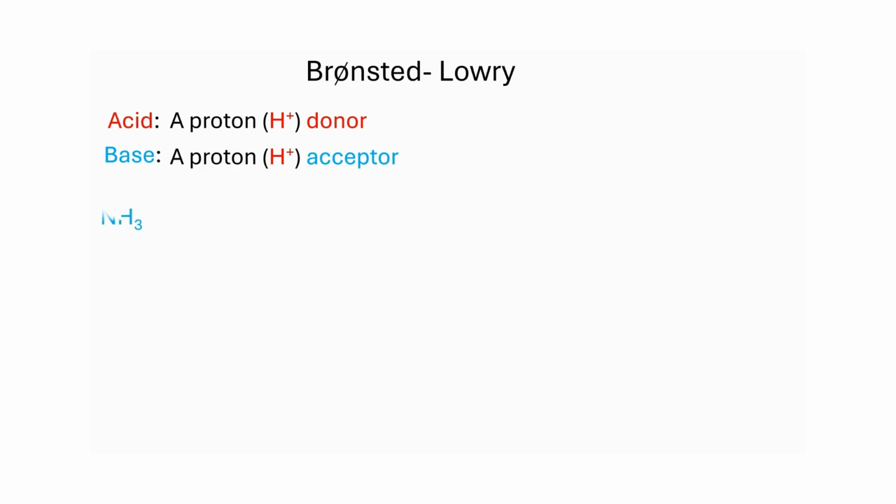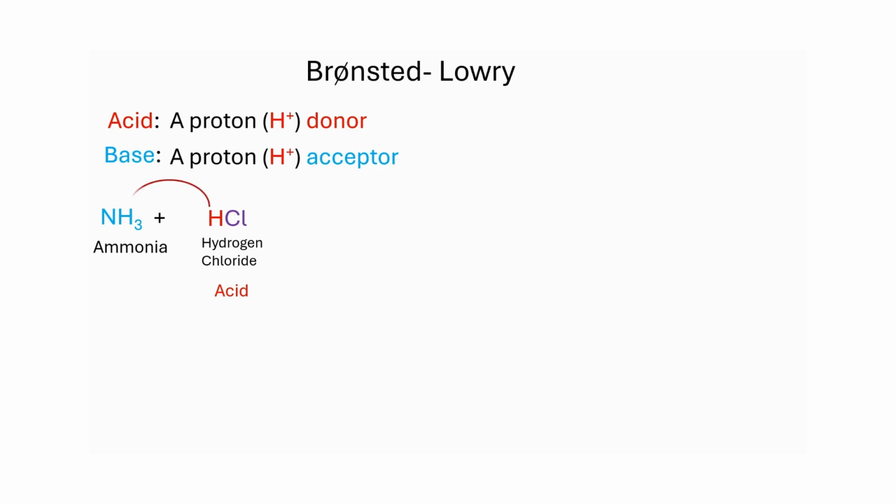So once again, let's talk about ammonia, which is NH3. If we were to react that with HCl, hydrogen chloride, right? HCl would act as an acid. Why? Because it can donate its proton or hydrogen ion to ammonia.